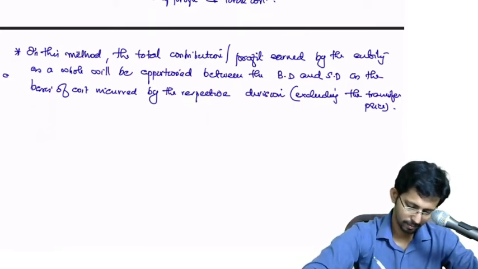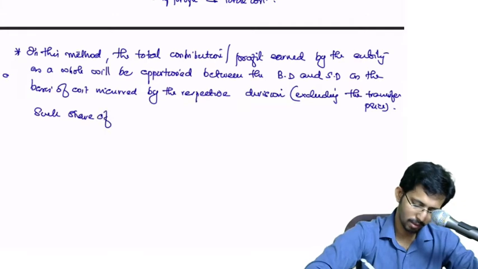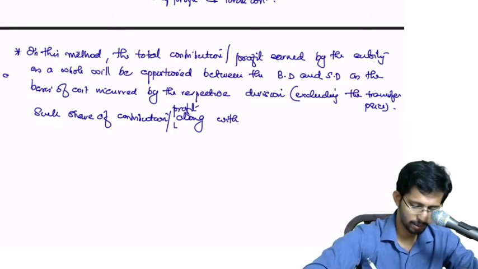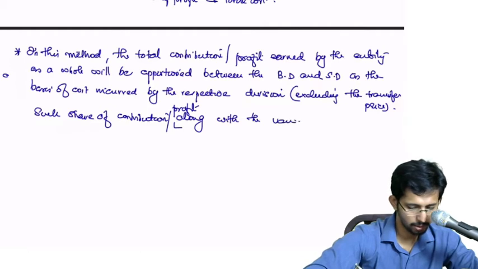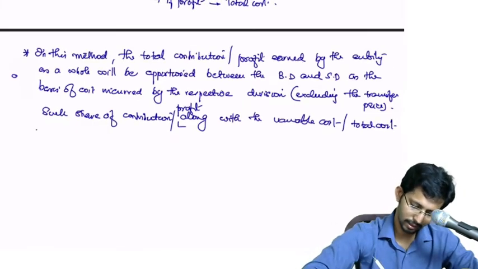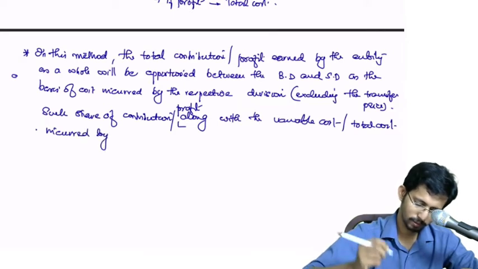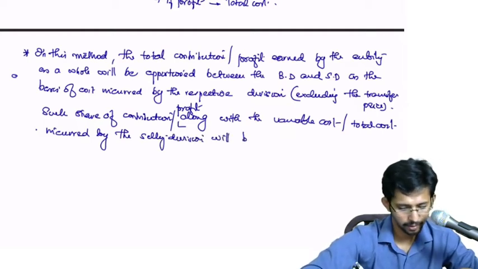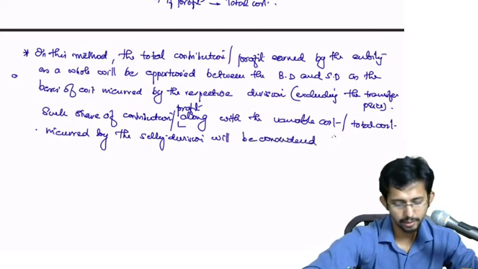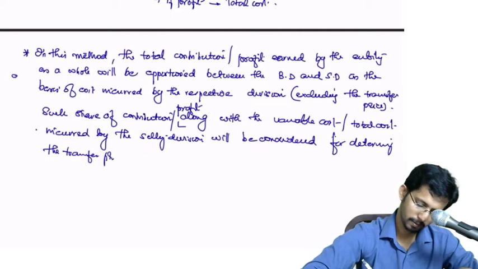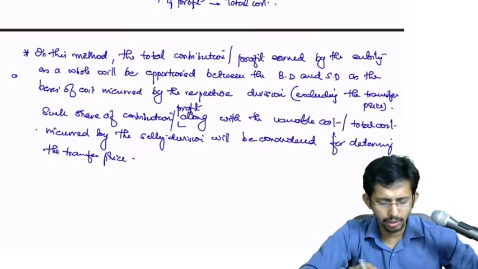Such share of contribution or profit along with the variable cost or total cost incurred by the selling division will be considered for determining the transfer price. It's a very simple logic only. There is nothing complicated in this.